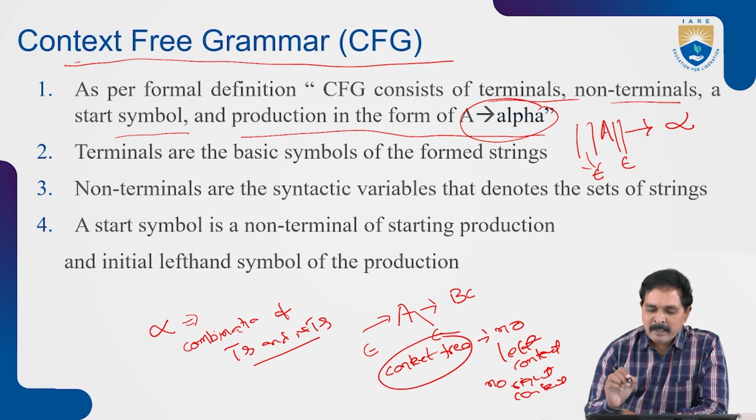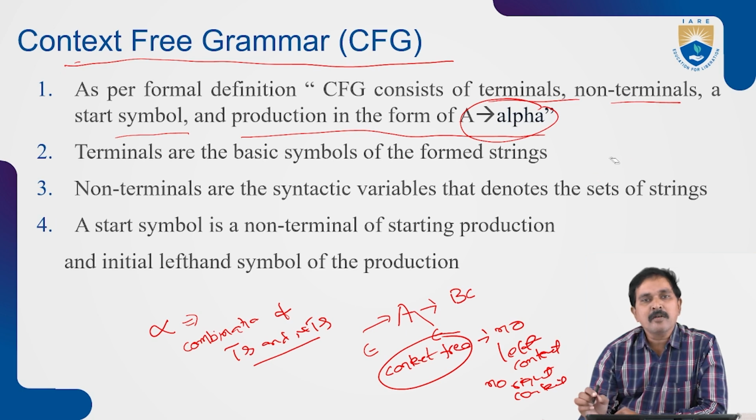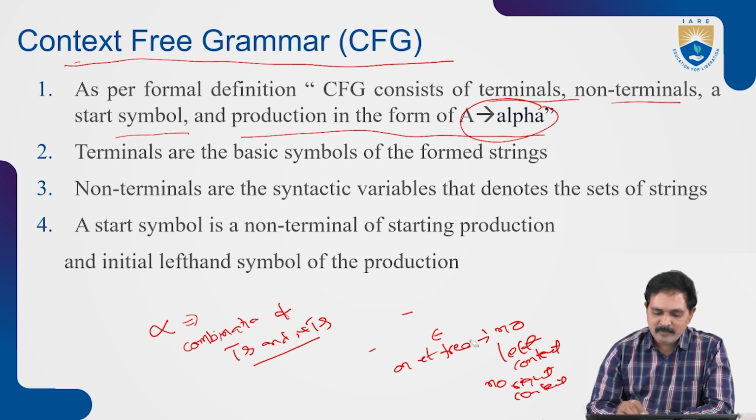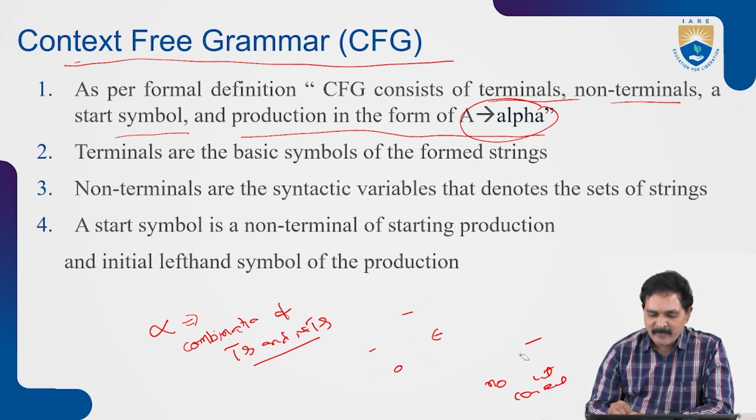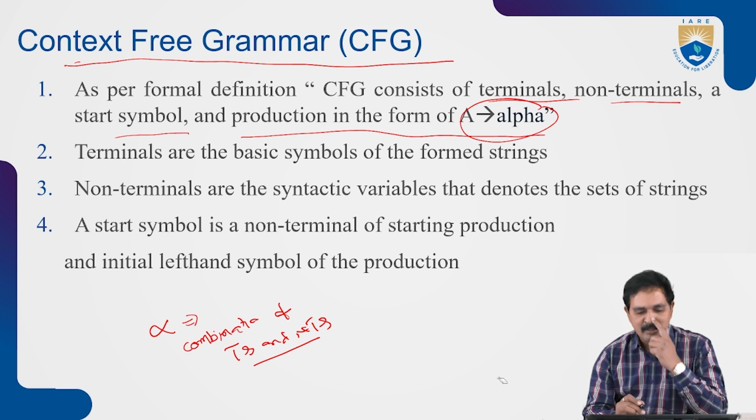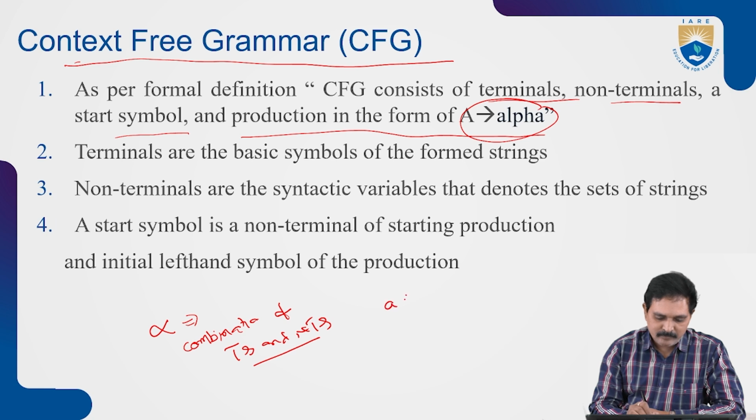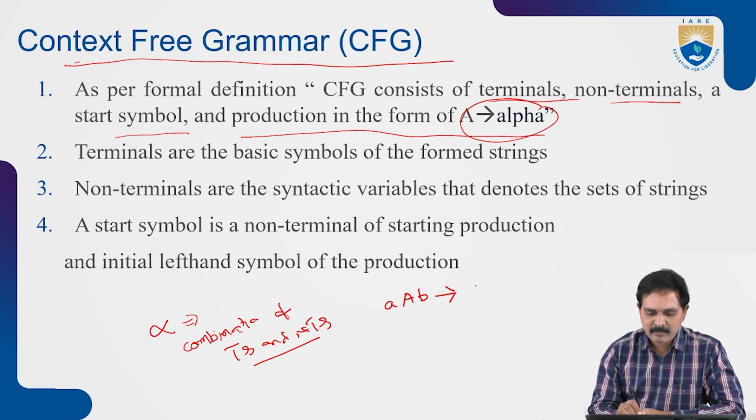Here I am giving some other examples which are not context free, because you want to know the left and right context ideas. So here I am showing examples which are not context free. Here you take a grammar rule like this.